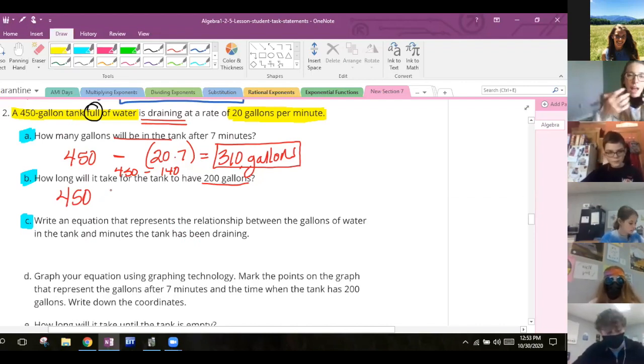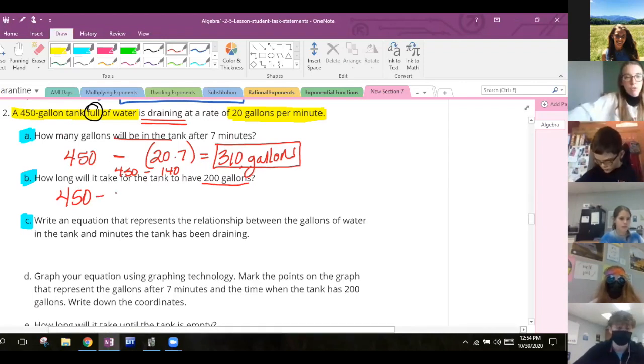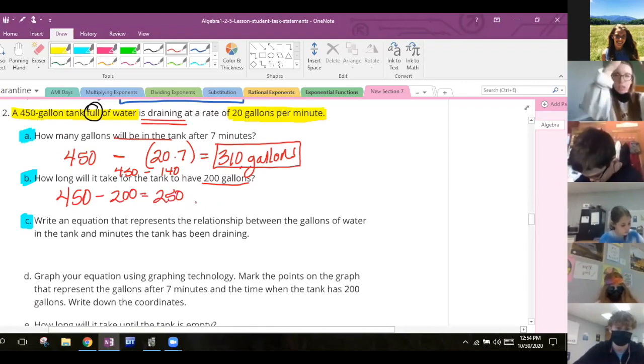So we want to know how long it took to get to 200 gallons. So we have to think about the rate that it took to get from 450 to 200. So we need to know how much that difference is. We're going to have to subtract those two values, which is going to give us 250. So from 450 to get to 200, they lost 250 gallons of water.